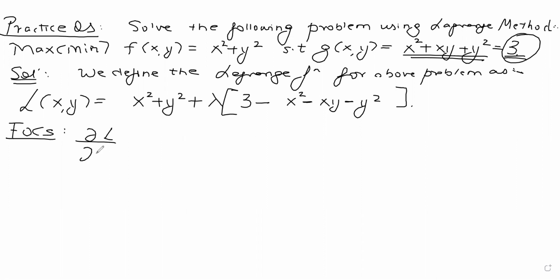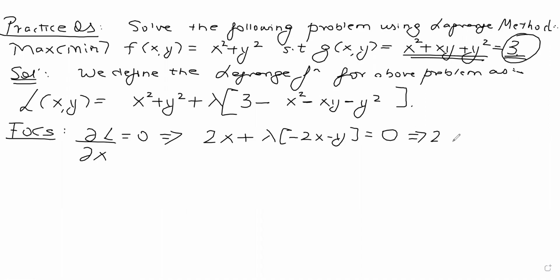Del L by del x equal to 0, which implies 2x plus lambda times (minus 2x minus y) equal to 0, which I can write as 2x is equal to lambda times (2x plus y). This is equation 1. I basically took this to the right hand side.